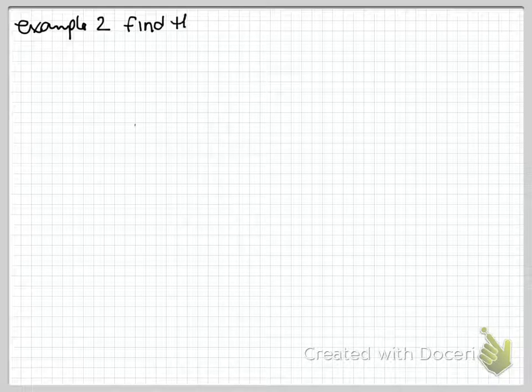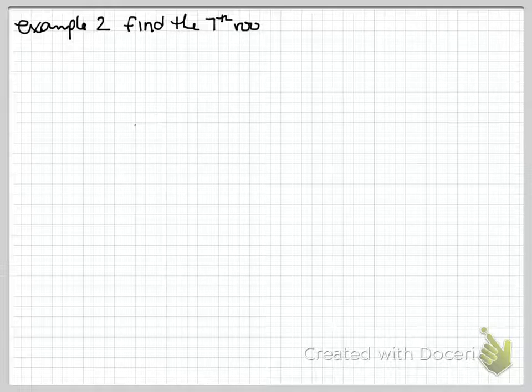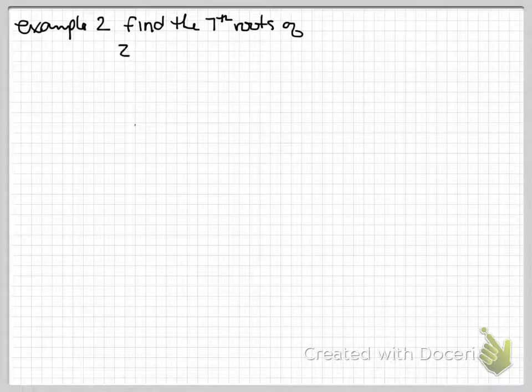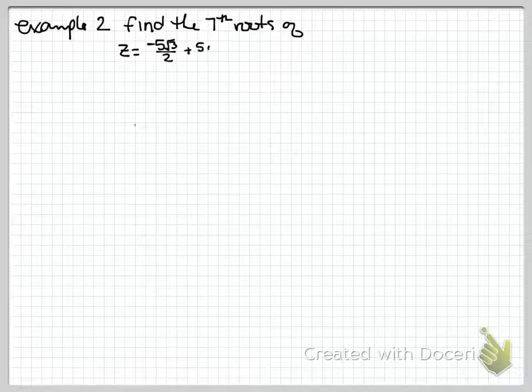Now we're going to find the 7th roots of z equal to negative 5 square root of 3 over 2 plus 5i over 2.